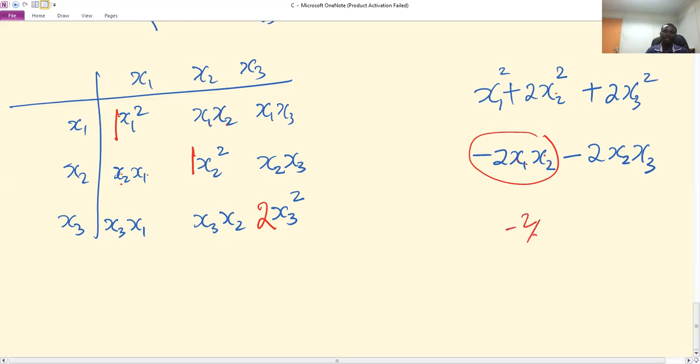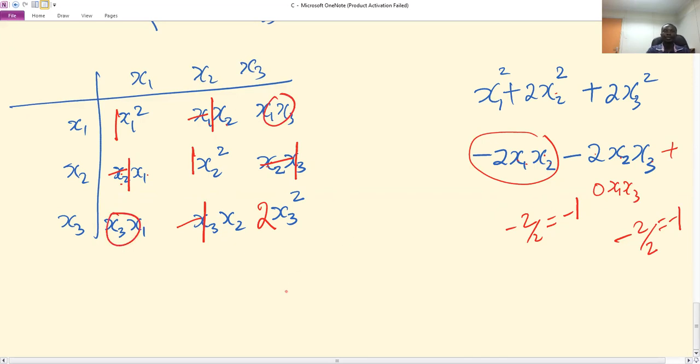Minus 2 divided by 2 is minus 1, so this position will be minus 1, and this one too. For x2x3, the coefficient is negative 2, and negative 2 divided by 2 is negative 1, so this will be minus 1 and this will be minus 1. Because the given quadratic form has no x1x3 term, it's as good as having 0 x1x3, and 0 divided by 2 is 0.